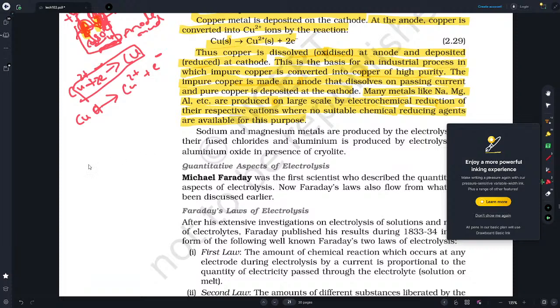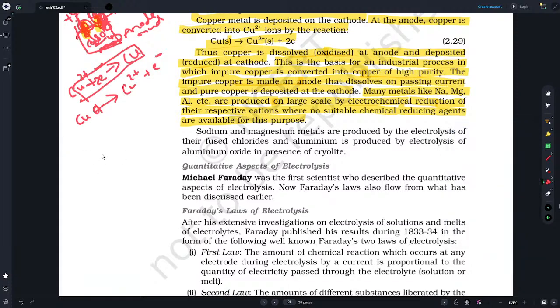Many of these metals found in nature are very impure, like magnesium, sodium, aluminum. Using the same process, using electricity, they will be purified. As we can't find a reducing agent for everything, this is one of the most industrially used methods to purify the metals.